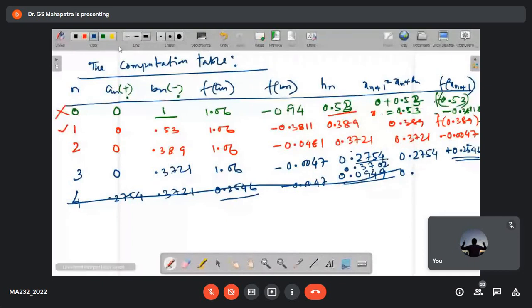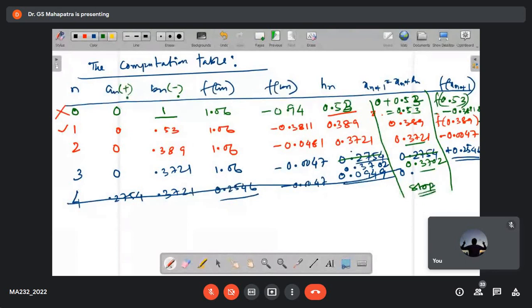So xn also 0.3702. Okay. Fine. Since two successive iterations give you the same result, this is the stopping criteria. You can stop here. Why?